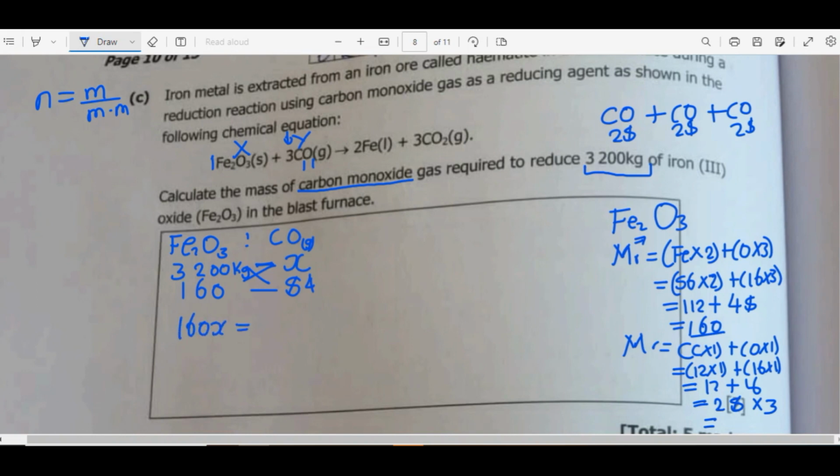X is equal to 3,200 multiplied by 84. I'm getting 268,800 divided by 160. The mass is 1,680. Since the mass that we are using is in kilograms, the answer will also be in kilograms. So this is how we can calculate the answer for this one.